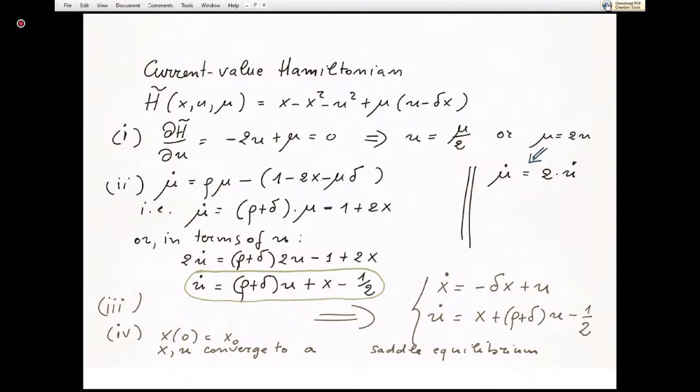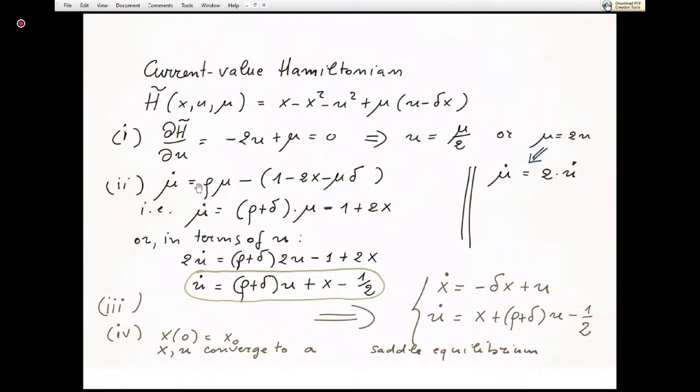What other textbooks do, and what I prefer for the economic intuition, is to transform, if possible, the dynamic equation in the co-state variable into a dynamic equation for the control variable. The meaning of the co-state variable is not so intuitive as the meaning of the control variable.